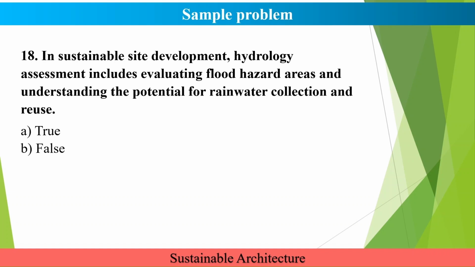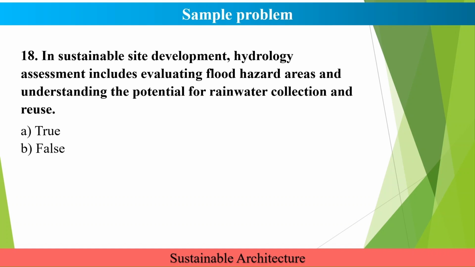True. Hydrology assessment in sustainable site development involves evaluating flood hazard areas, understanding the proximity to water bodies, and assessing rainwater collection and reuse opportunities to manage resources effectively for sustainable development. So it is absolutely correct.